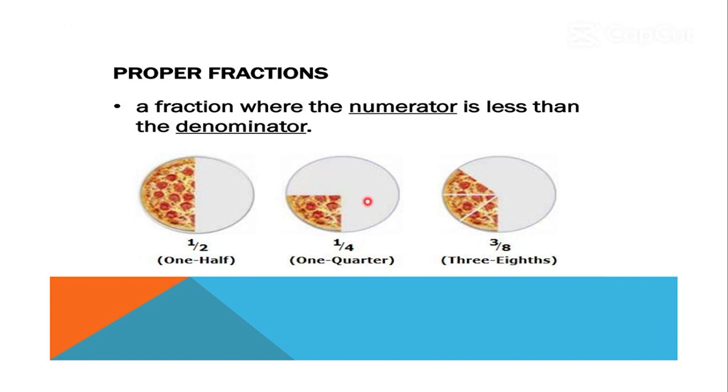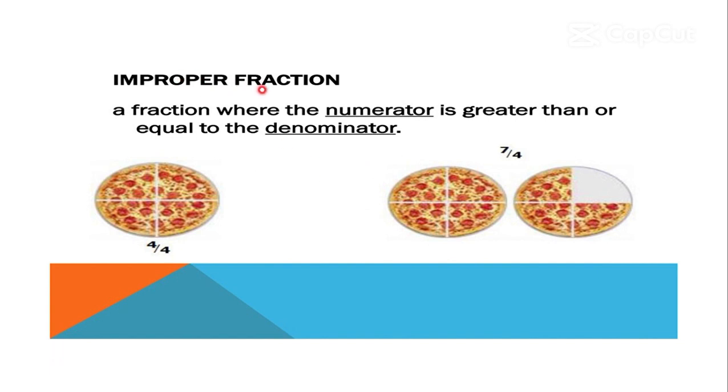Okay, next. Improper fractions, on the other hand, are the opposite of proper fractions because our numerator is greater than or equal to the denominator. Listen: numerator is greater than or equal to the denominator. Like the example number 1, 4/4.